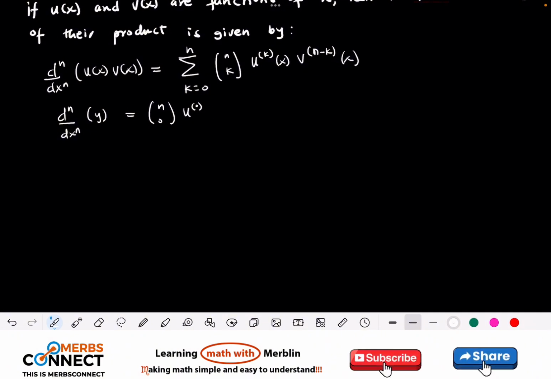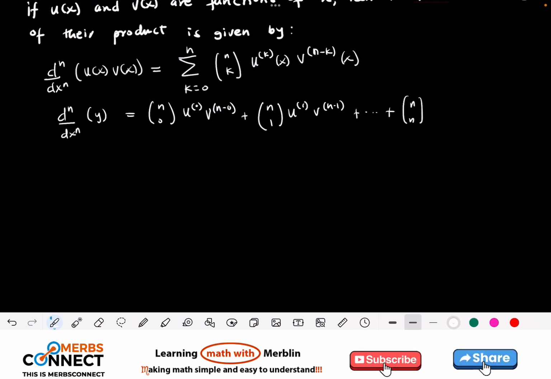Let me just ignore the x for the meantime. Then v to the power n minus 0, plus n combination 1, u to the power 1, v to the power n minus 1. I'll expand this up to the nth term, right? N combination n, u to the power n, and then v to the power n minus n, right?